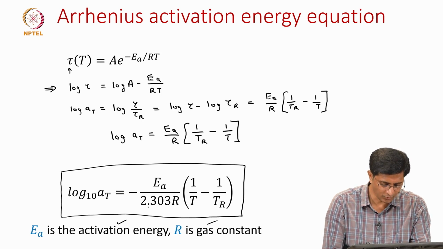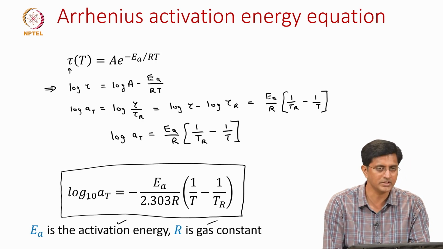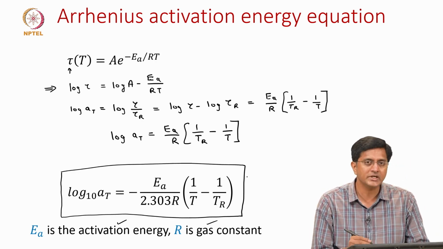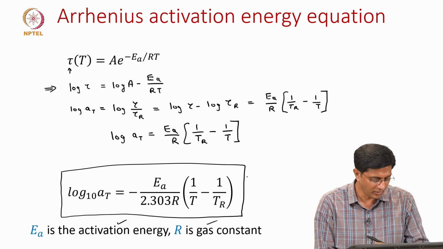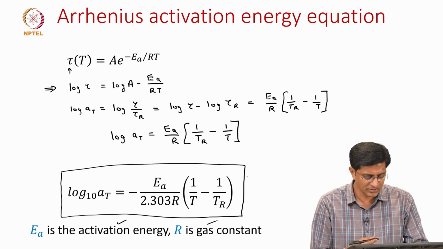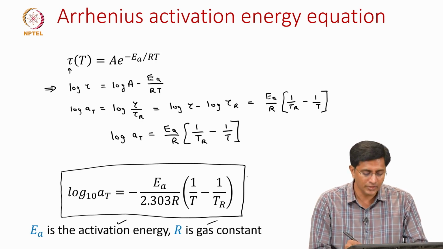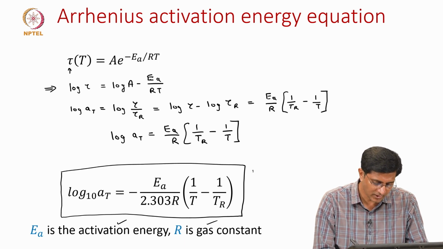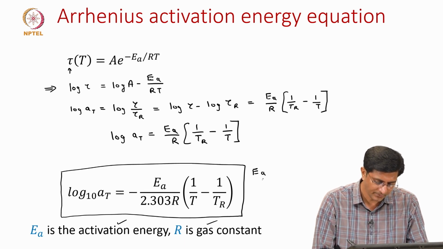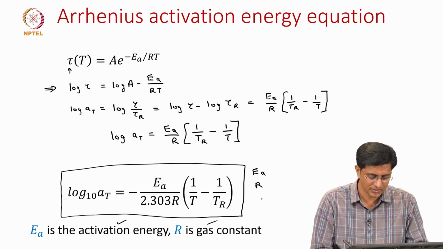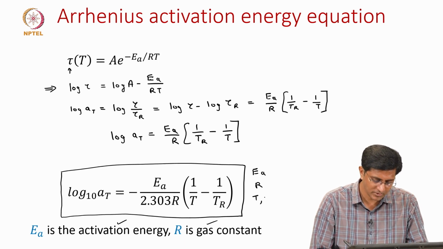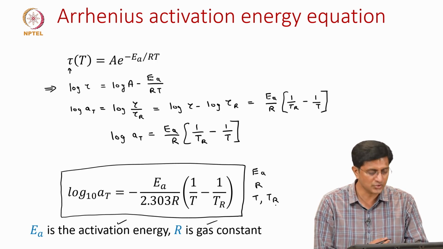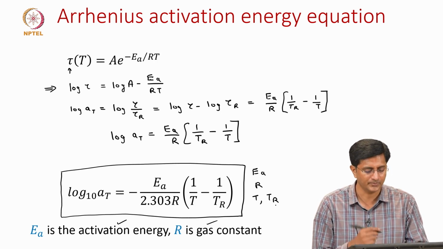This constant 2.3 is coming because we are now writing in terms of log base 10. So, this is the equation we use to find the value of AT. As you can see, the quantities we need to know are the activation energy EA, the gas constant R, and the temperatures T and T reference. Once we know these, we should be able to find the value of AT.